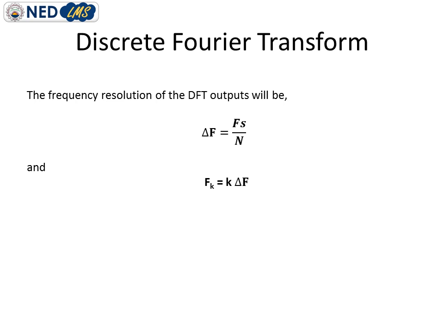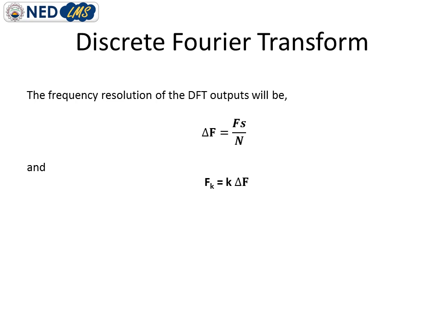And how can you find the frequency resolution? The formula is written on the slide. Frequency resolution is denoted by delta F, and it is simply the ratio of Fs over n, where Fs is the sampling frequency, the one at which your continuous time signal is sampled to obtain the discrete time signal, and n is the number of points for which we are computing the DFT.